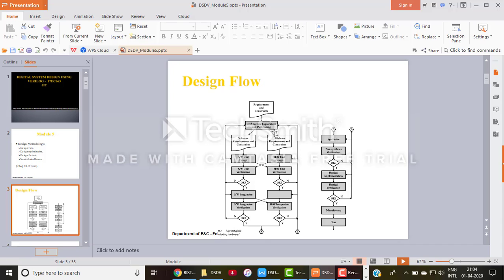So in this diagram, the complete process of IC design from scratch till the fabrication is described here.